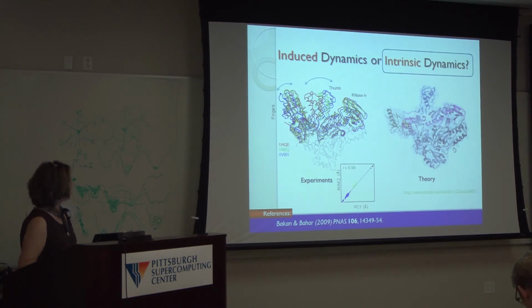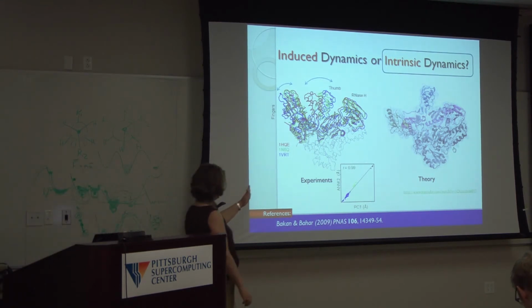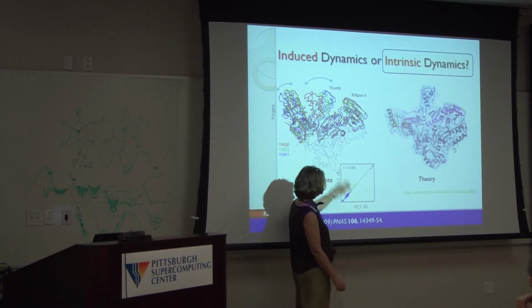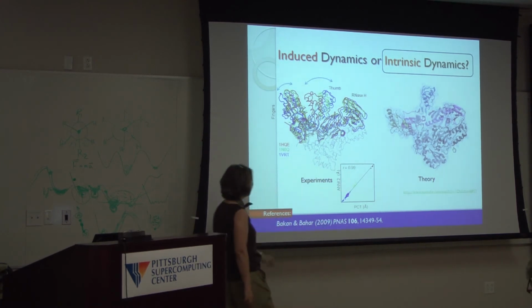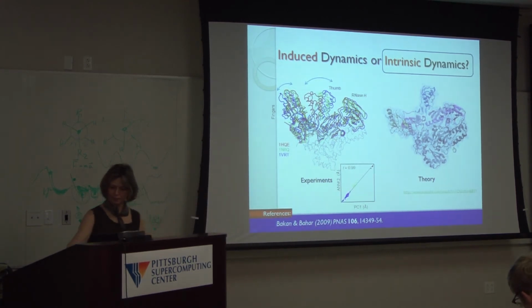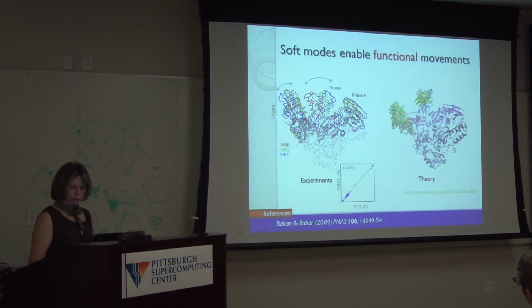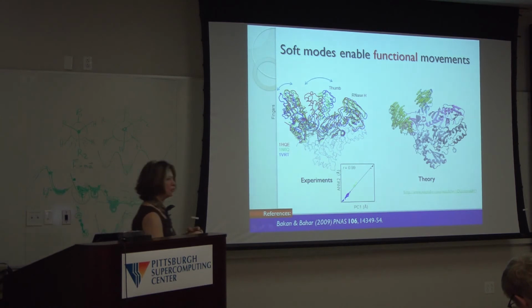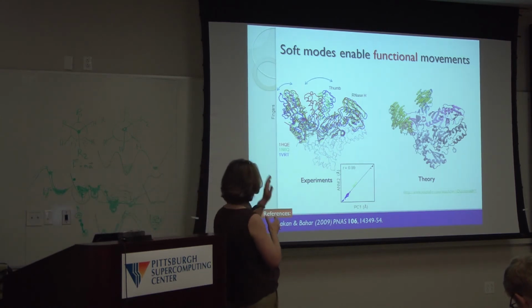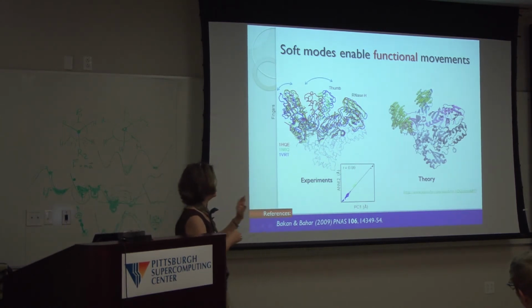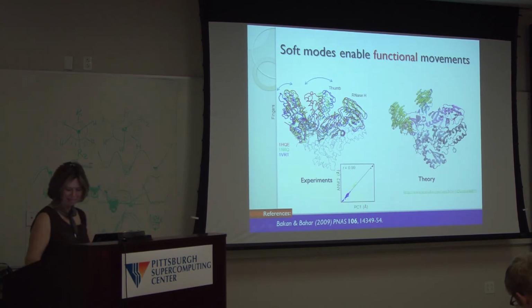And this gives us the correlation. In this case, between ANM mode 2 and PC1, we have an almost perfect correlation. And this is the basic concept. If there is a single thing you need to remember from my lecture, it is that soft modes are very important to enable functional movements. Okay.